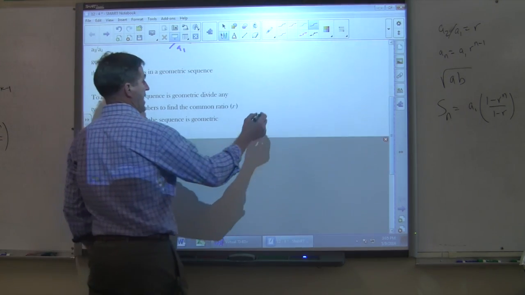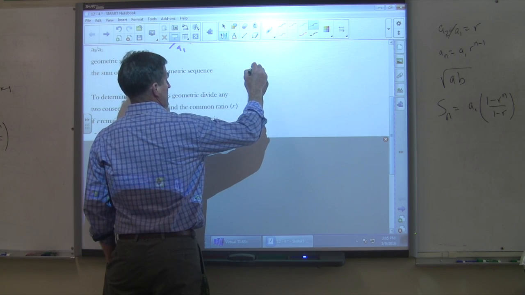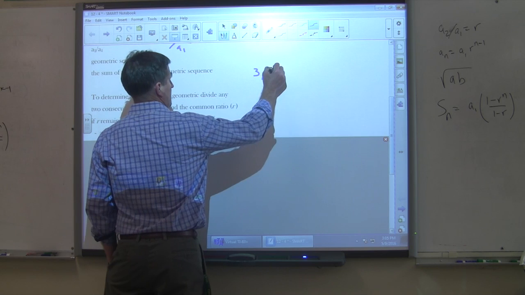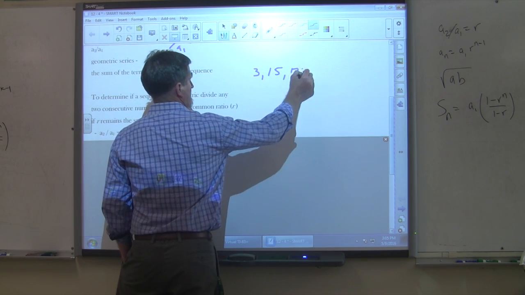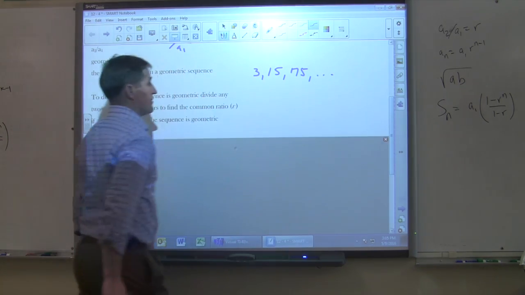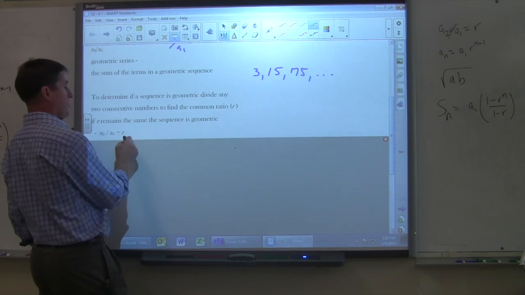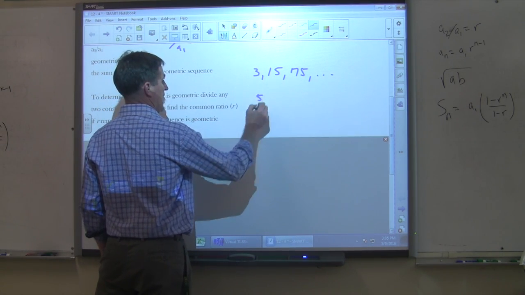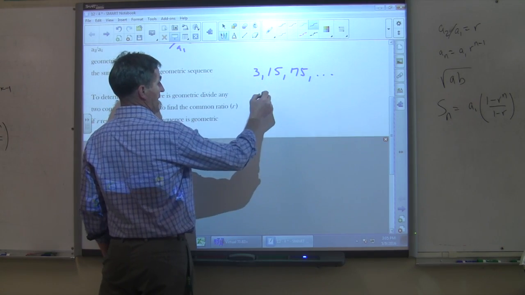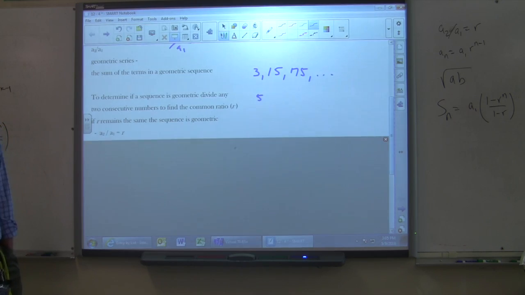And so let's take this example and determine if that's geometric. So all we do is we take a sub 2 divided by a sub 1, so 15 divided by 3 is 5, and now we can check it. Is 15 times 5 75? Yes, so then that would be a geometric sequence.